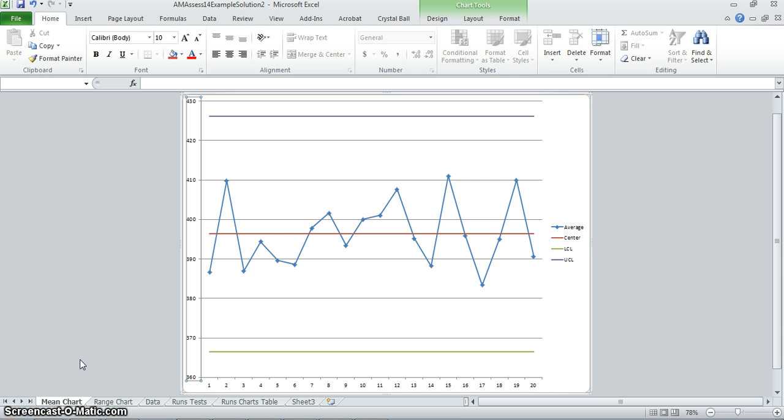What we do is we count groups of points that consecutively appear on either side of the center line. So as we start, the first point that we see is all by itself below the center line. So we'll count that as run number 1. A run can just be 1 point.